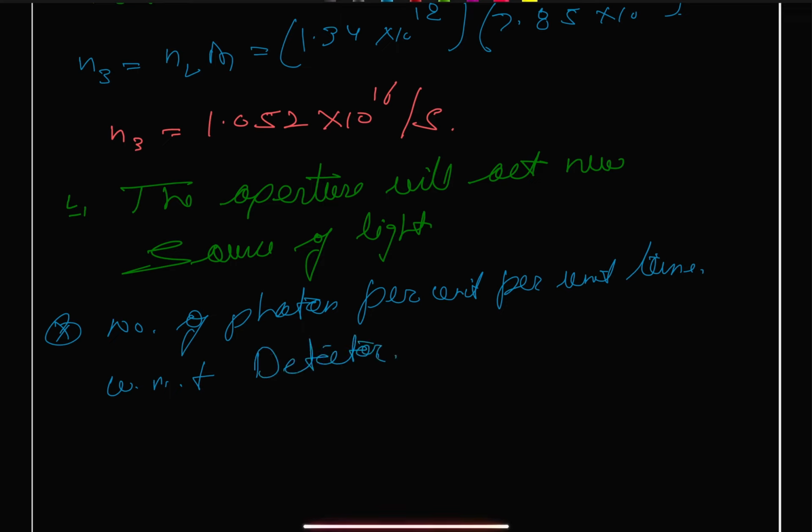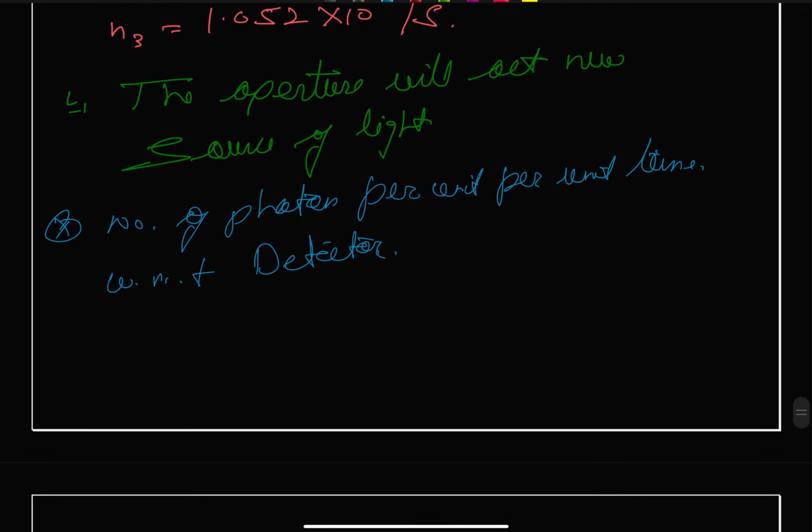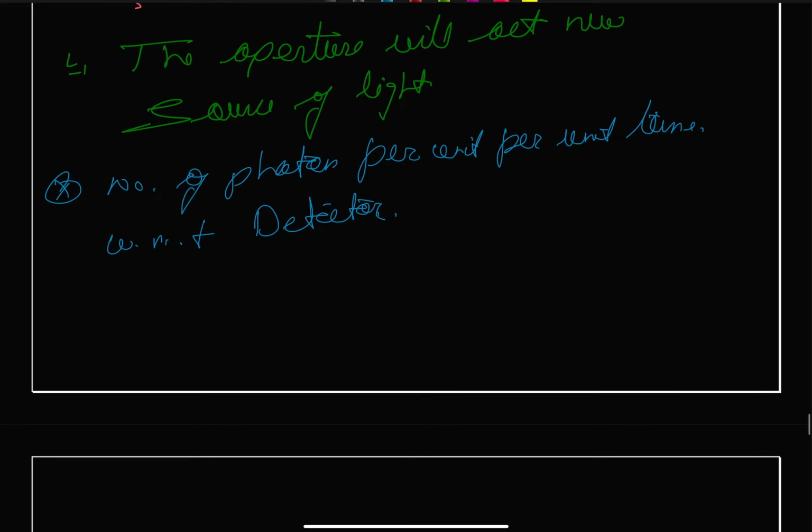First we made calculation with respect to the aperture. Now we are going to do it for the detector, and let us call that N4.